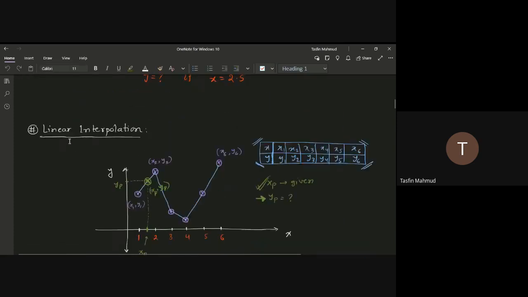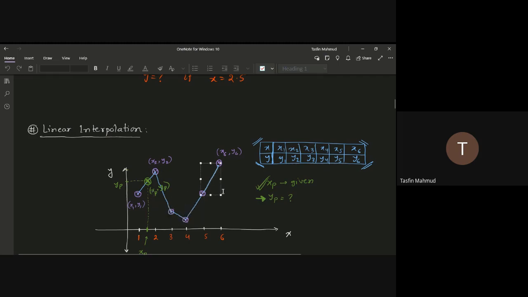So we applied the idea of linear interpolation. In linear interpolation, we considered small straight lines. For this given data point and this given data point, we considered this small straight line, and here this small straight line.